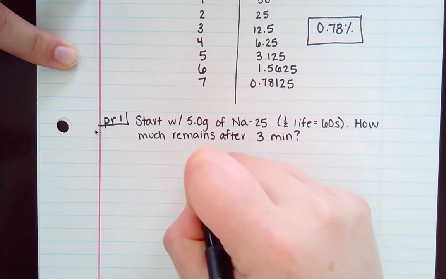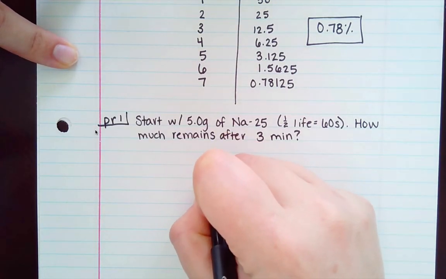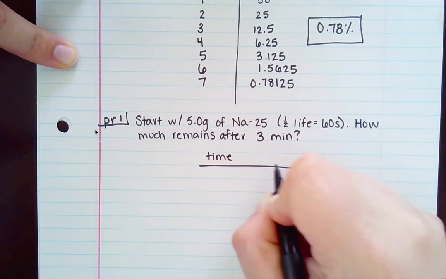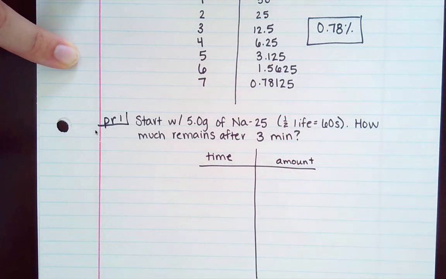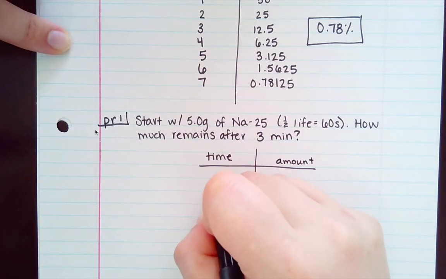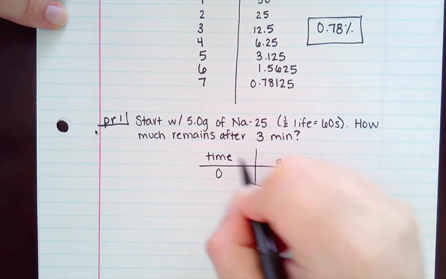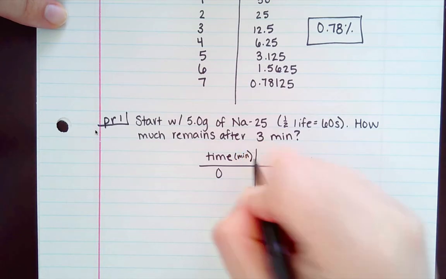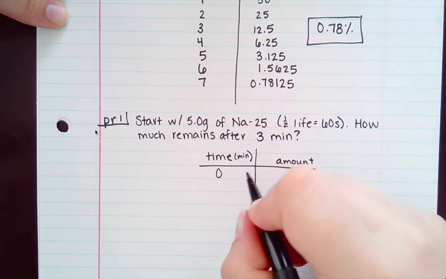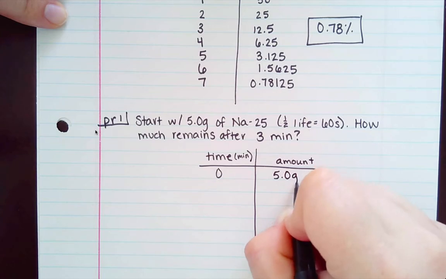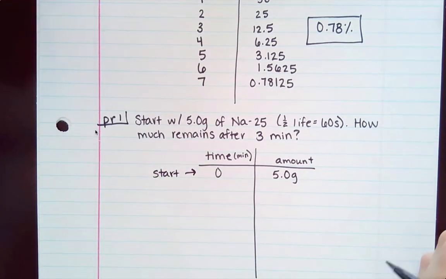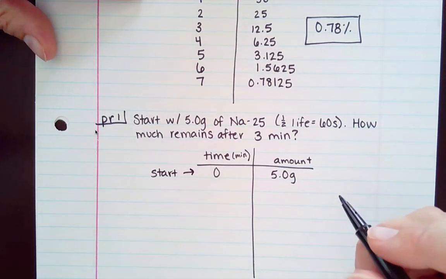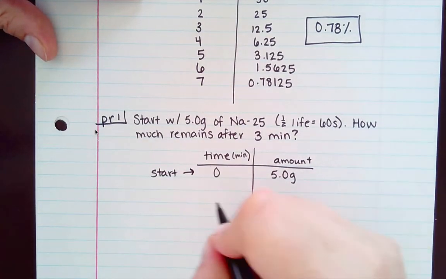We need our time and our amount. Time starts at 0, and this was in minutes, not years. And it said you start with 5.0 grams. It says the half-life is 60 seconds.